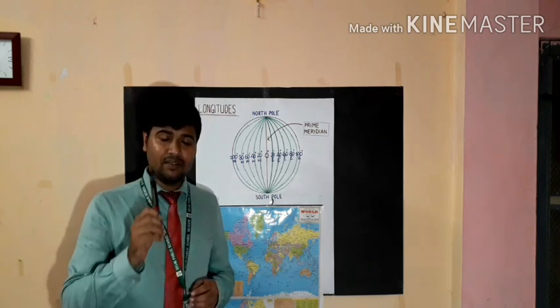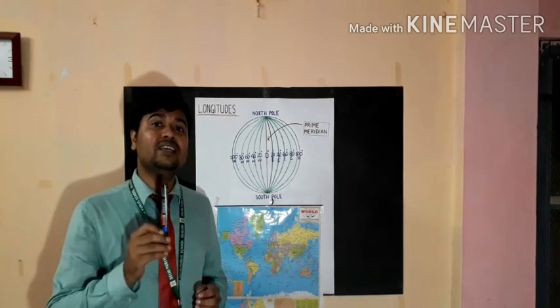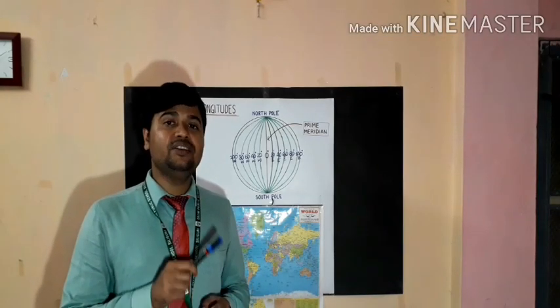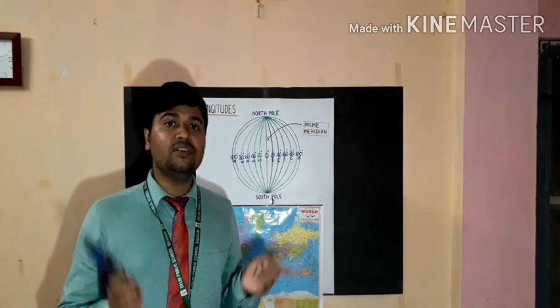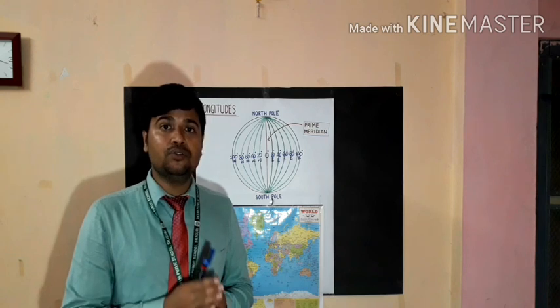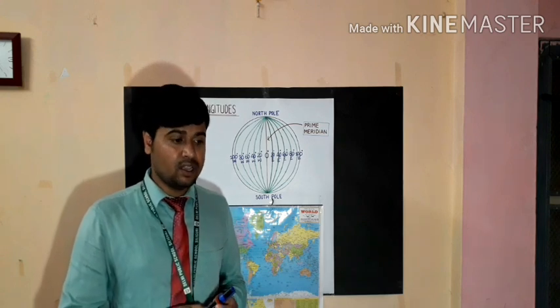So there is one story behind the selection of the prime meridian. In October 1884, all the countries of the world came together in Washington DC to decide about the starting point of the meridian.